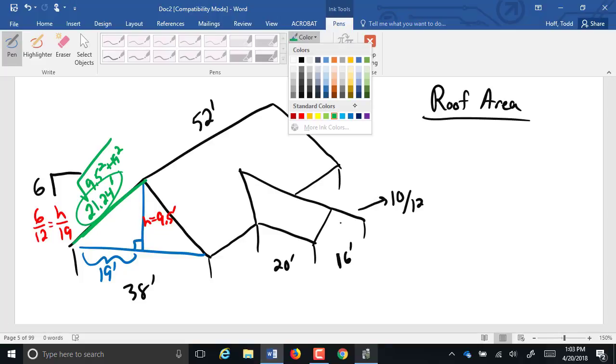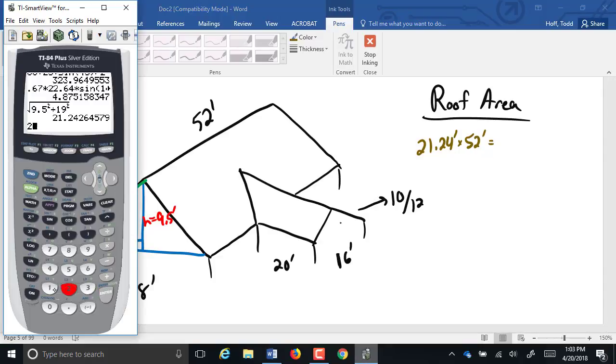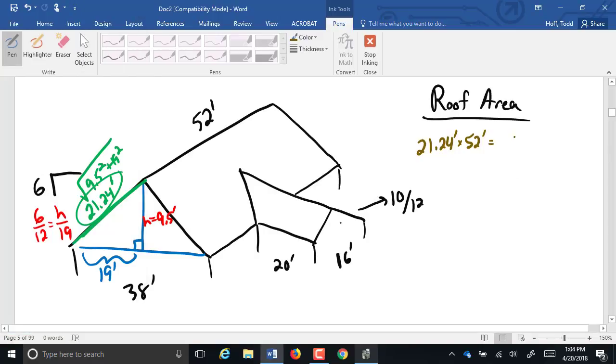So then what? So 21.24 times that 52 length ridge is 1104.48. We're gonna call it 1104.5.